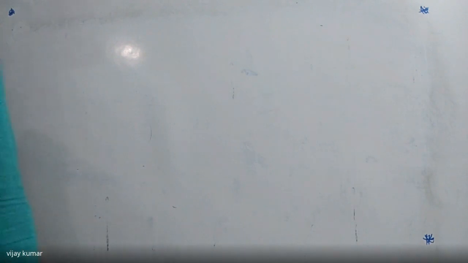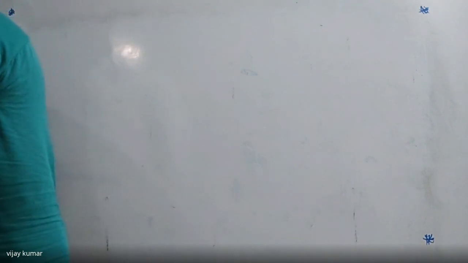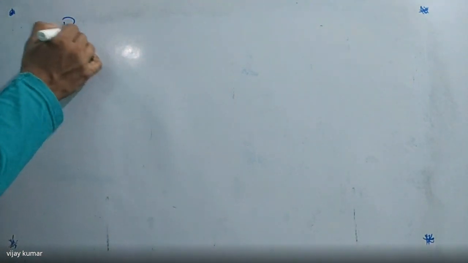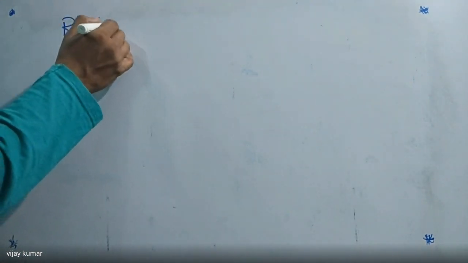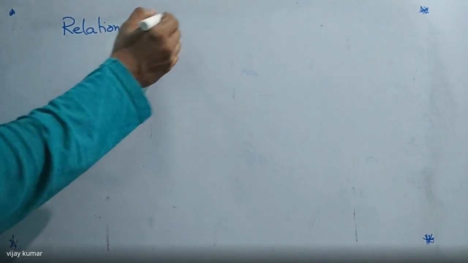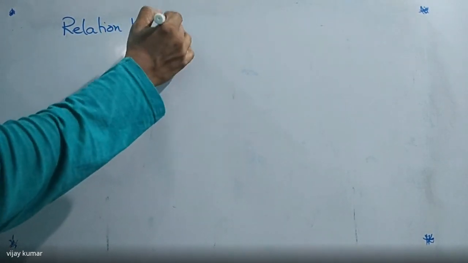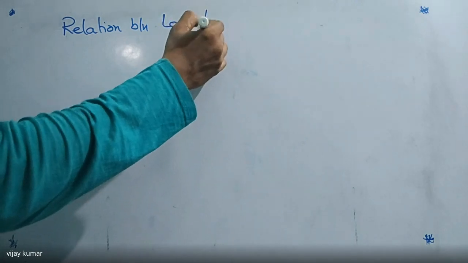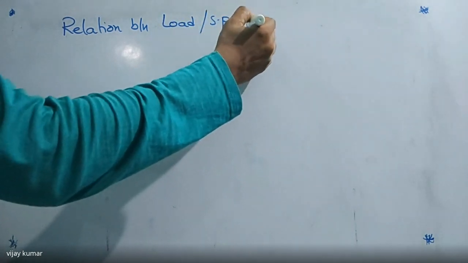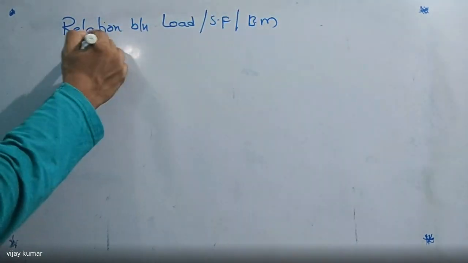So here now I'm going to write it here. What is the relation between the shear force and bending moment, and next one is load. So here 3 points are there. Relation between load, shear force, bending moment.